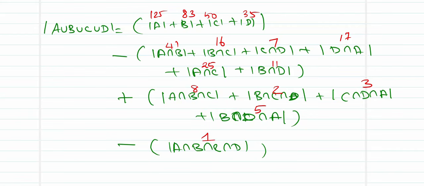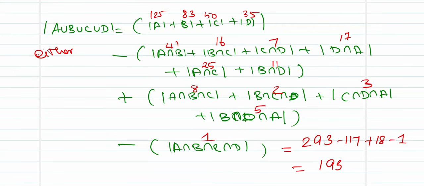So when we do all the estimation, add the data, subtract it alternatively positive and negative, the final answer which we will have will be 293 minus 117 plus 18 minus 1 for each of these brackets, leaving us with 193. So number of numbers divisible by either one of 2, 3, 5, 7 is going to be 193.